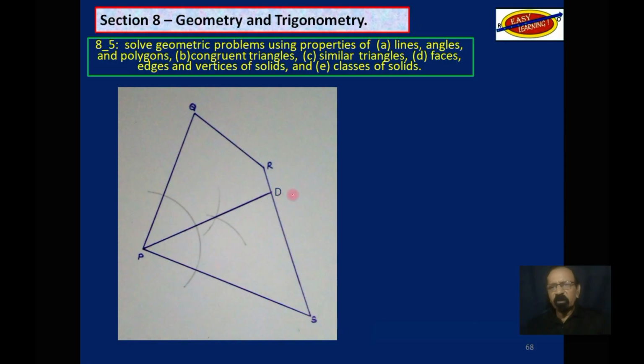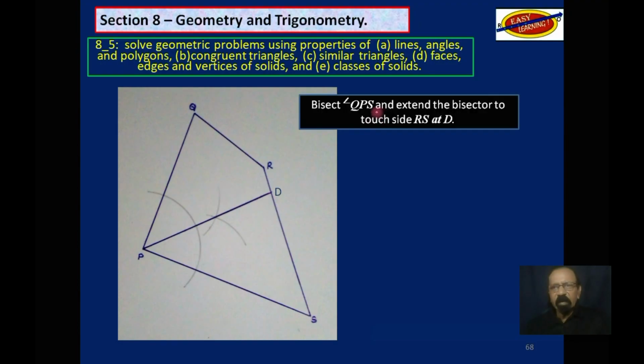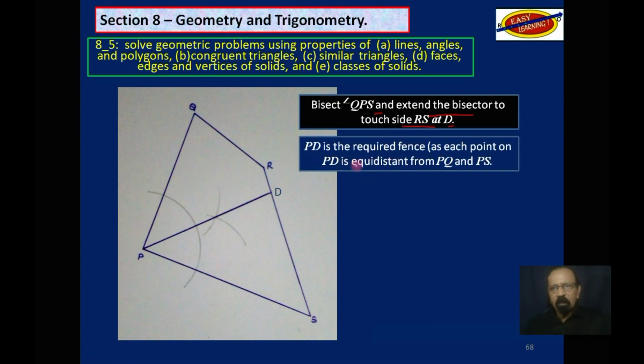So you were able to divide that playground into 2 parts with that condition. Bisect angle QPS and extend the bisector to touch RS at D. PD is the required fence, as each point on PD is equidistant from PQ and PS.